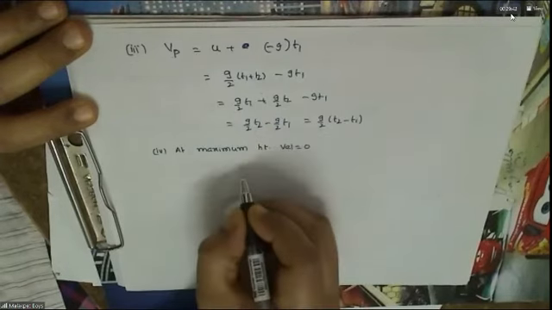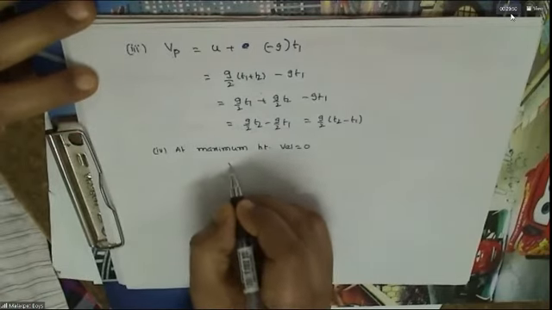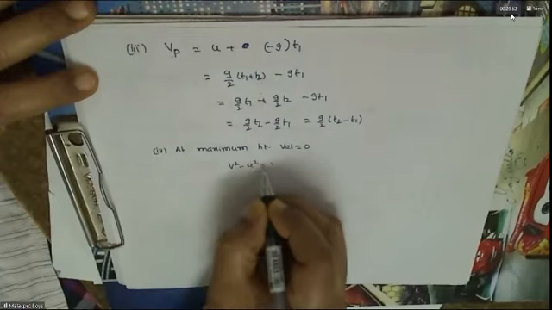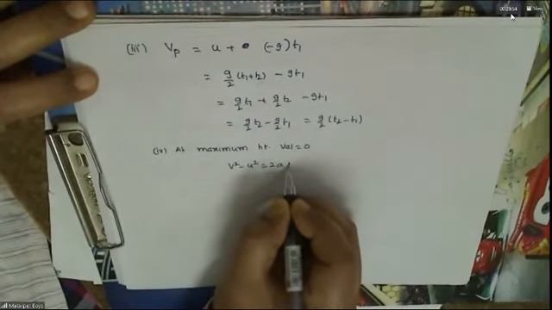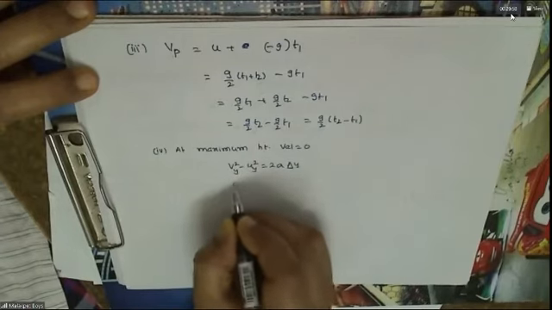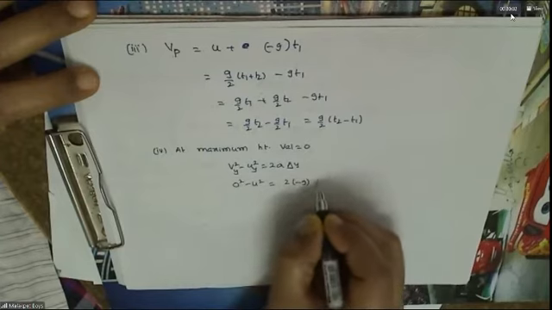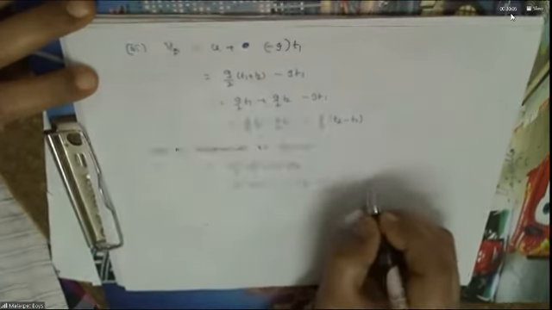Velocity will become zero. It is asking only the maximum height now. So you can take v square minus u square equals 2a delta y. Final is 0, initial u square equals 2 into minus g into H. This is only the maximum height now.